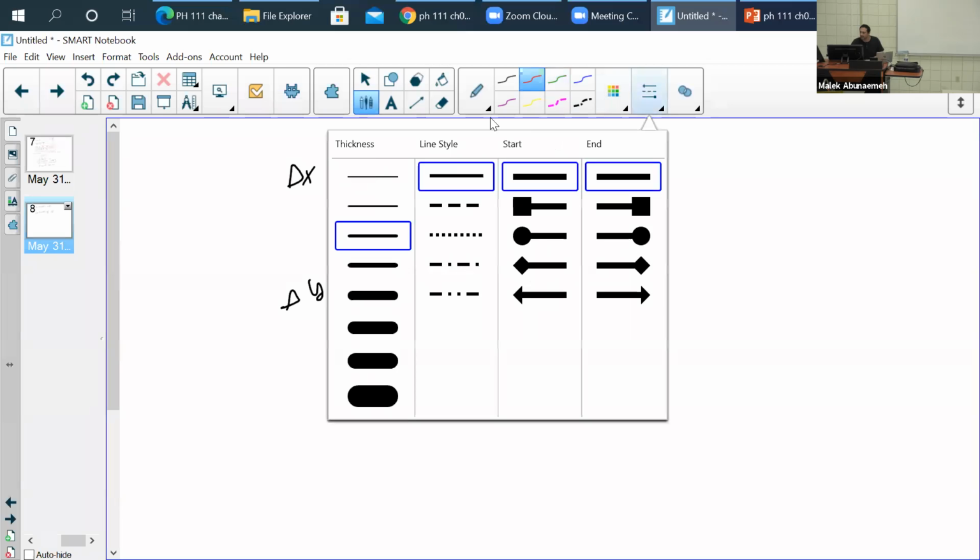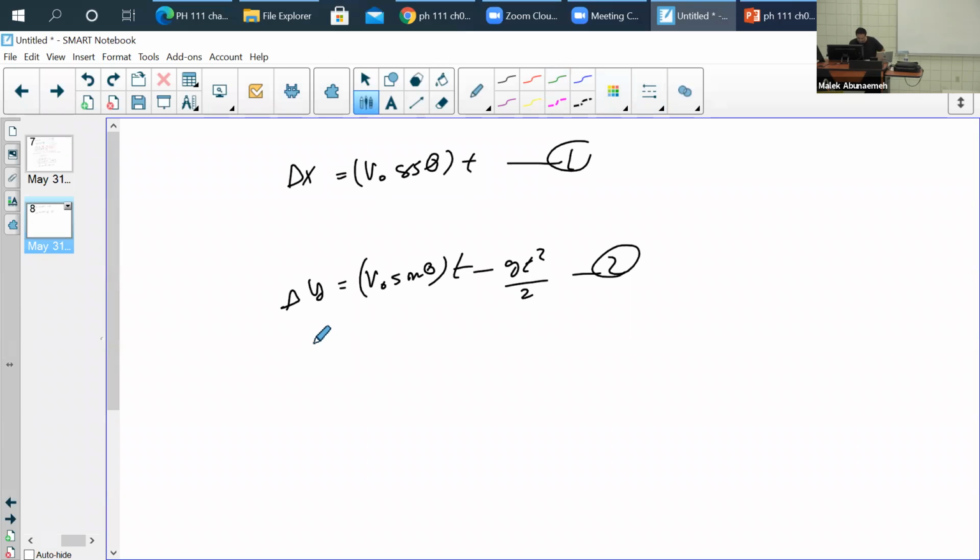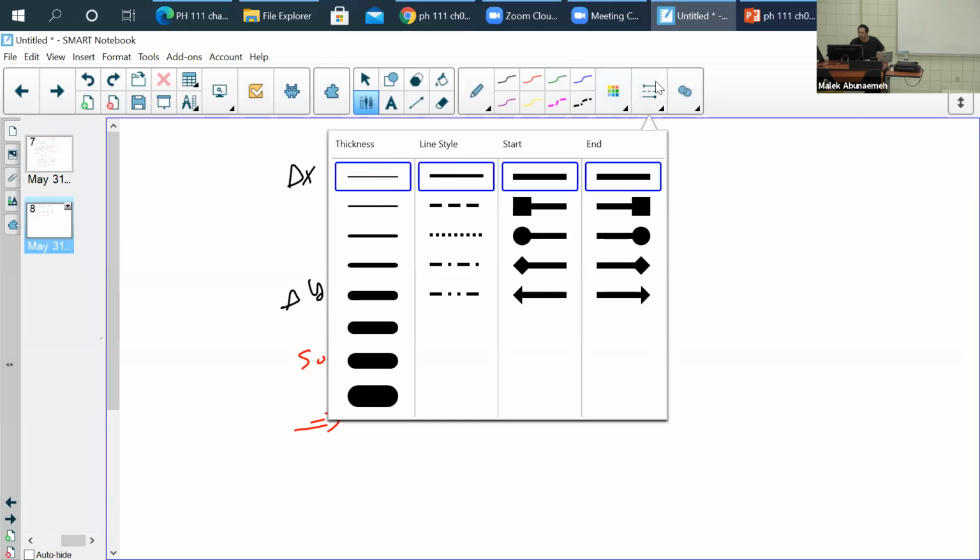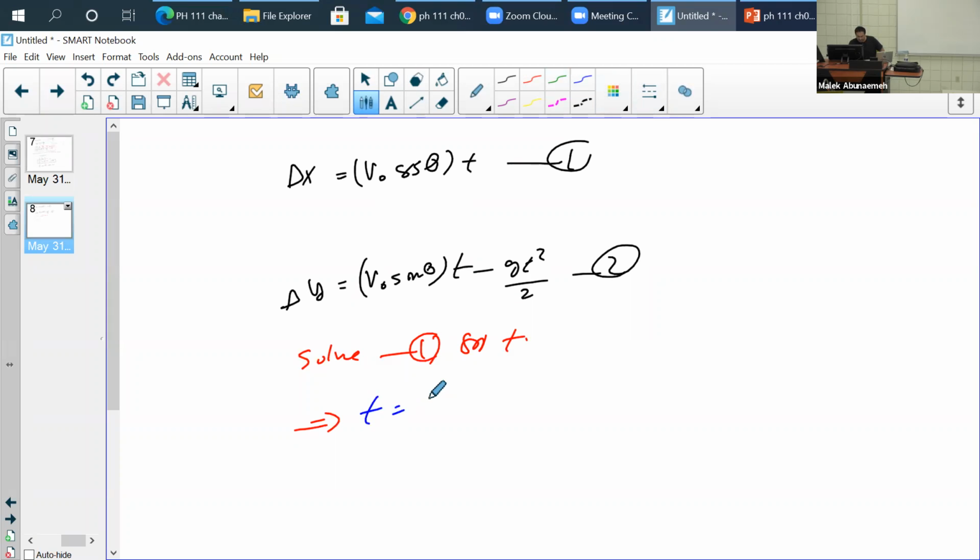Now, let's take equation 1 and solve it for the time t. Your time is going to equal your displacement delta x divided by v naught cosine theta.